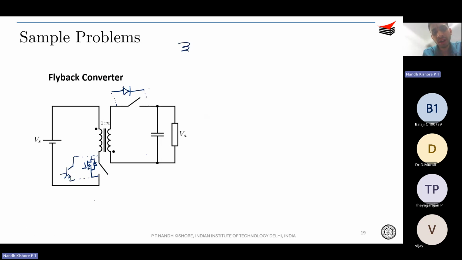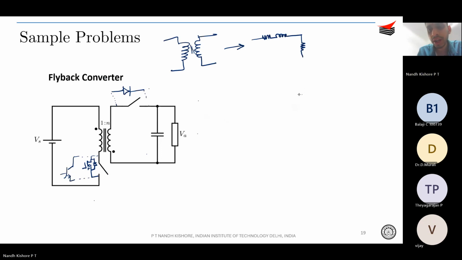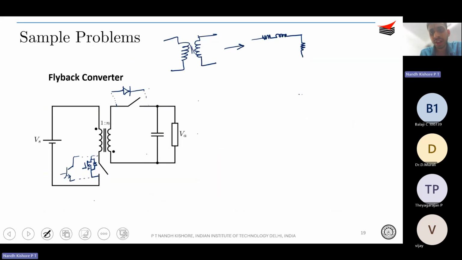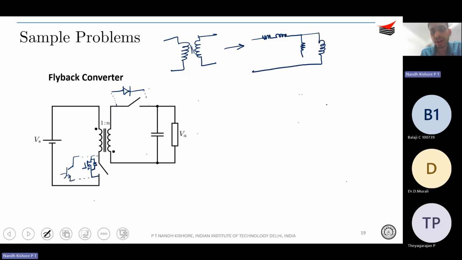So you know that a transformer can be drawn something like this. However, incorporating its non-idealities, you will know that the transformer can be drawn including its leakage and core and its magnetizing component, correct? So including its magnetizing component, you can draw the transformer to be something like this.